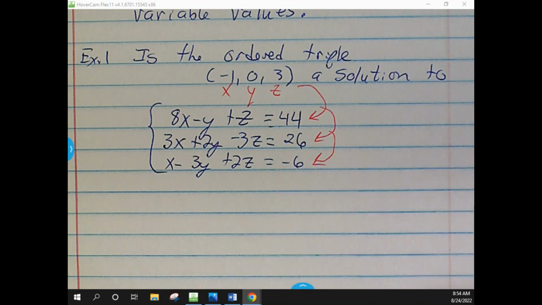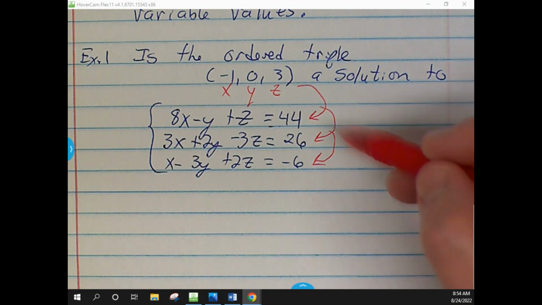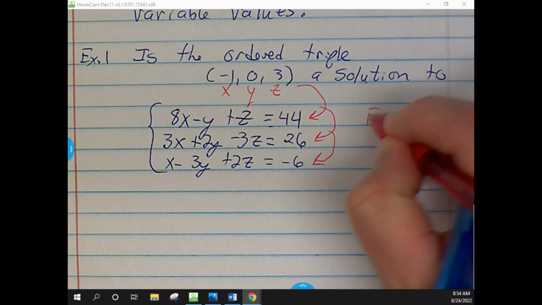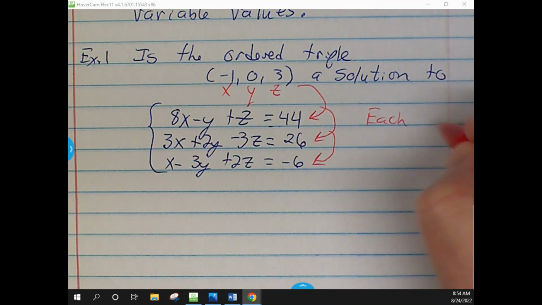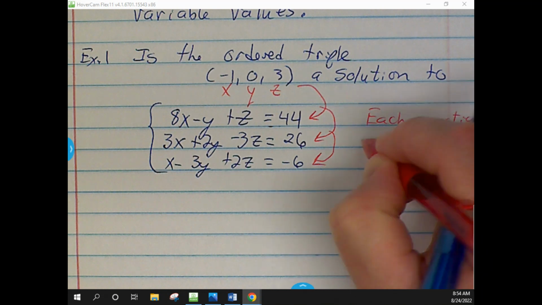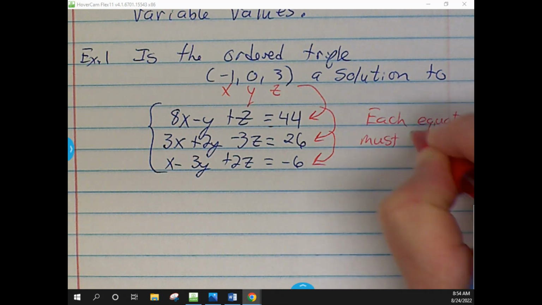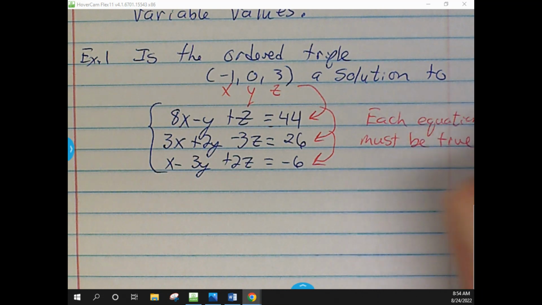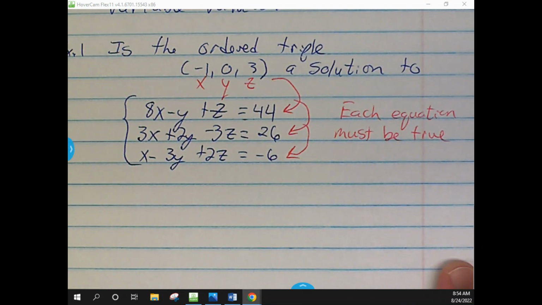For it to be a solution, it must make each equation true. Each equation must be true when you plug in the values for X, Y, and Z.